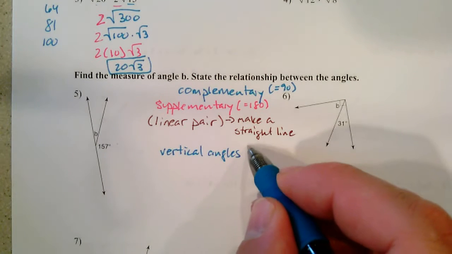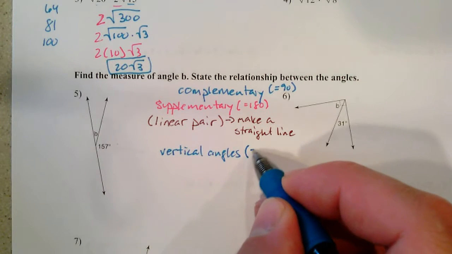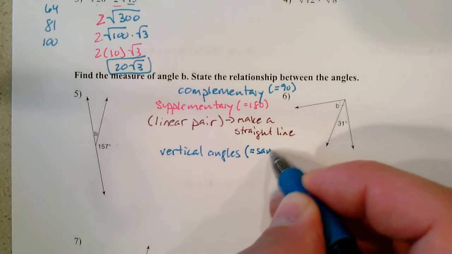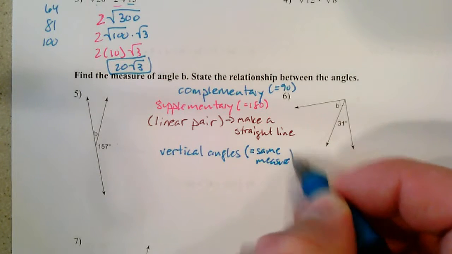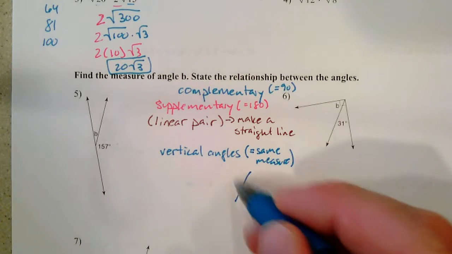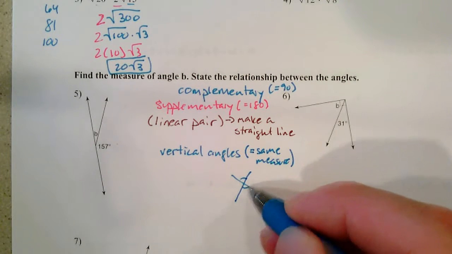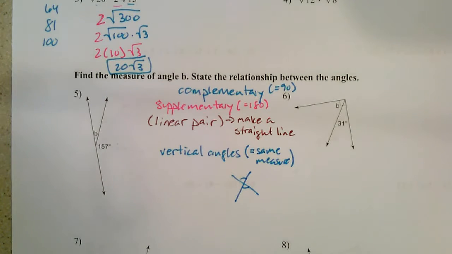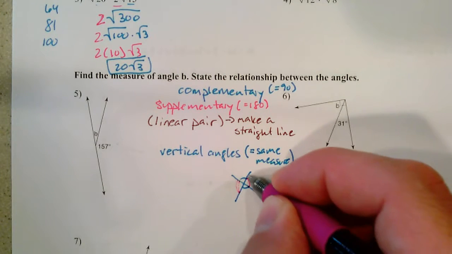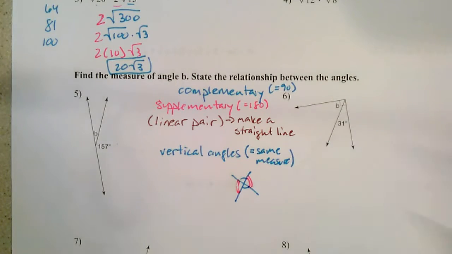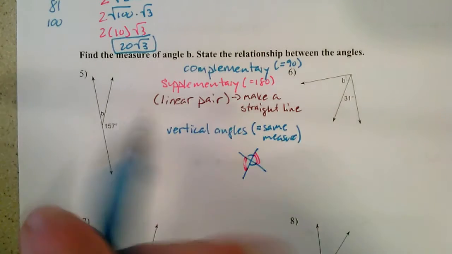Vertical angles are the same measure, and they come together and look like that. So 2 angles that are crossed from each other, or could be over here. These 2 angles over here are also vertical angles. They're the same measure.